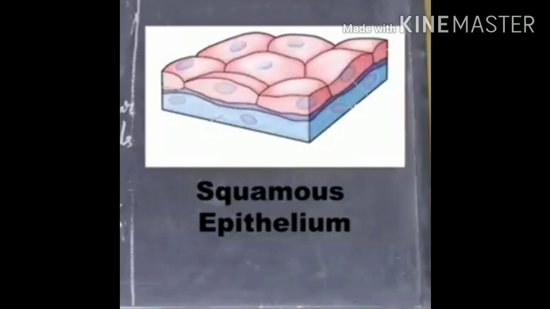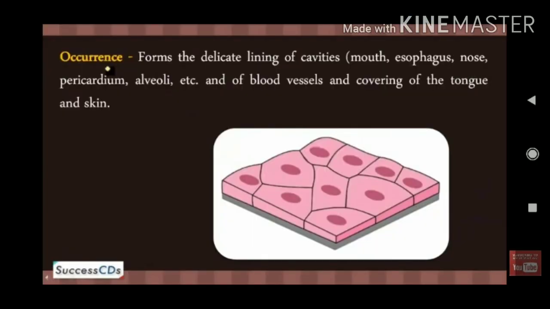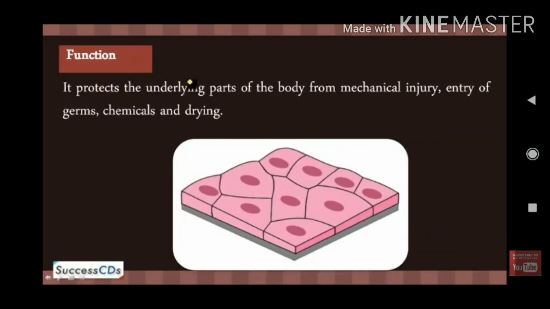An example for simple squamous tissue is the lining of our mouth. An example for stratified squamous epithelial tissue is our skin, because the skin needs protection from the outer environment, from the outer temperature, and it also protects the internal organs of the body, so it is made up of many layers.